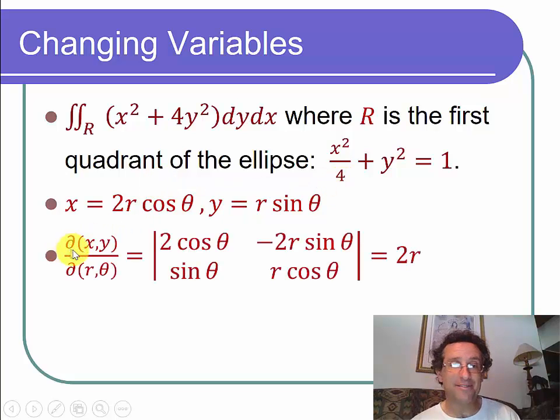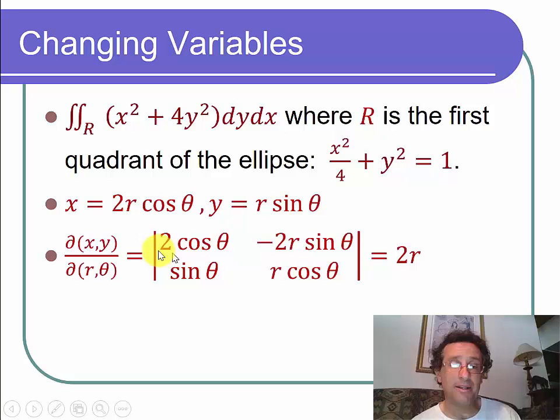Let's find the Jacobian, del xy over del r theta. The partial derivative of x with respect to r is just 2 cosine theta. The partial derivative of x with respect to theta is negative 2r sine theta. The partial derivative of y with respect to r is sine theta. And the partial derivative of y with respect to theta is r cosine theta.